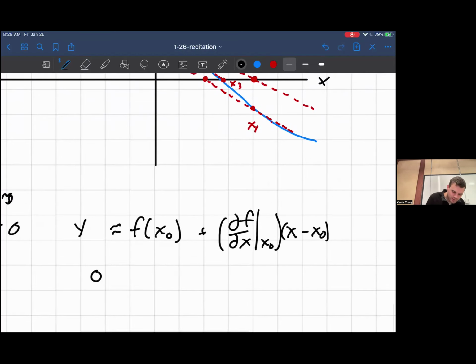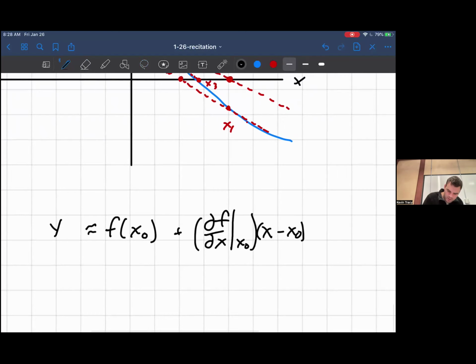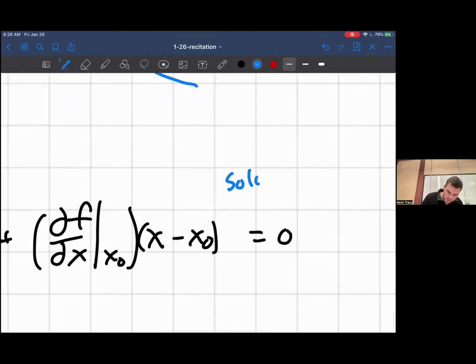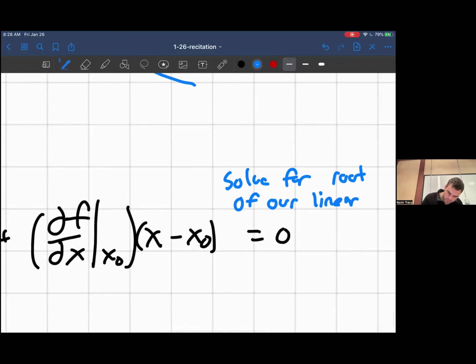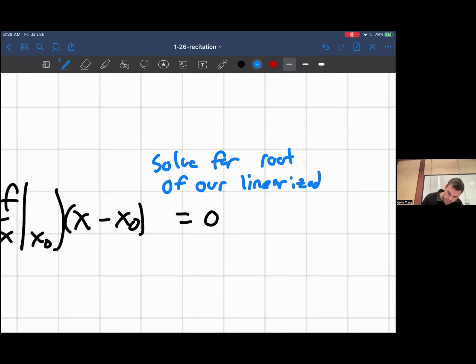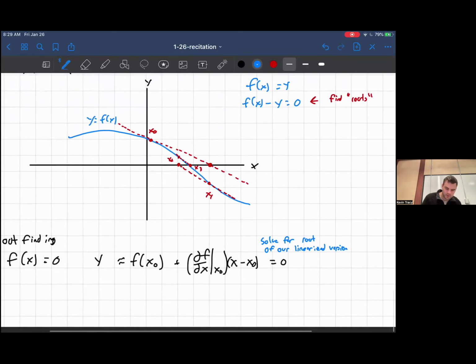So what I do is 0 equals the current value of this plus our derivative. Then solve for the root of our linearized version.